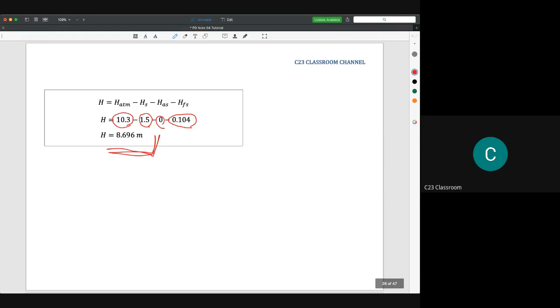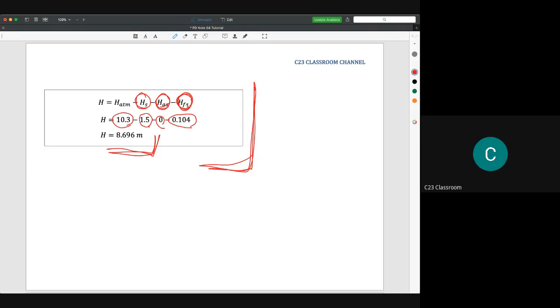Up to this point, I think you already know how to calculate the pressure head inside the piston. You need to calculate the suction head, the acceleration head, and then the friction head.